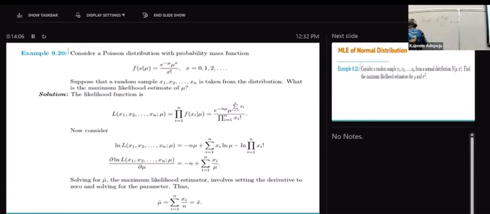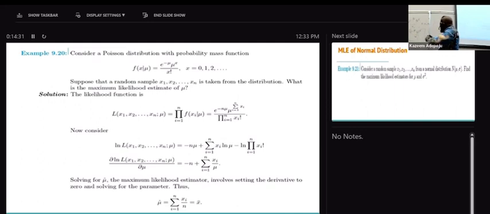I'm actually going to get the likelihood. The likelihood of this is going to be the product from i equals 1 to n of e raised to power minus mu, mu raised to power x over x factorial. You know what I'm going to do now? I'm going to have this in a joint form, so I'm going to have this guy n times.